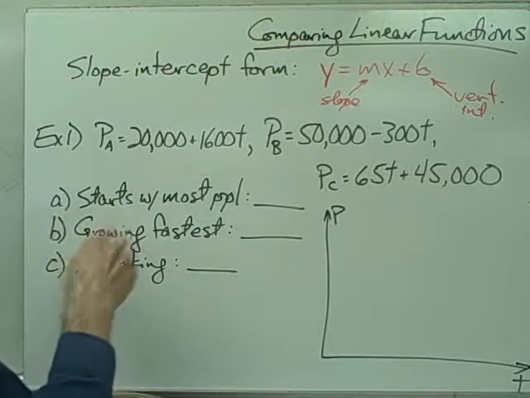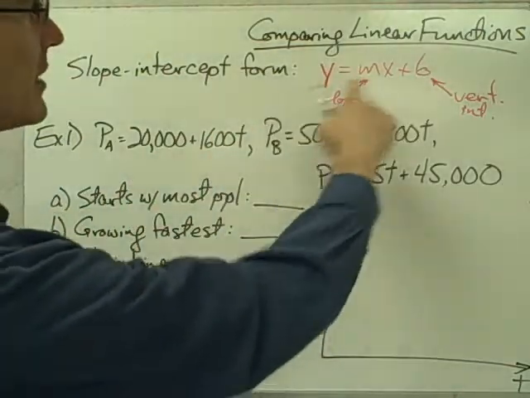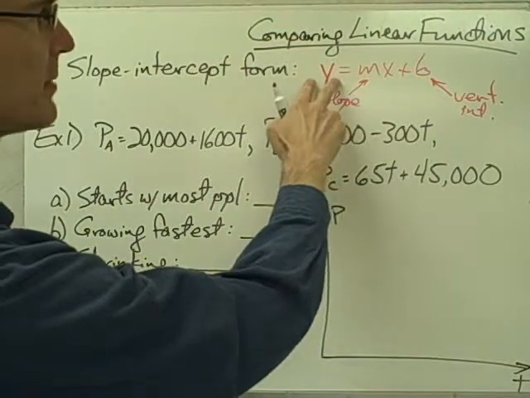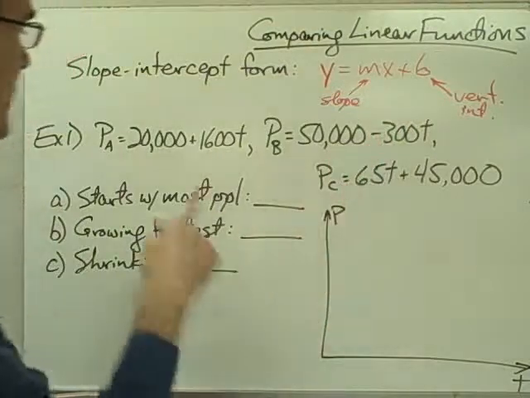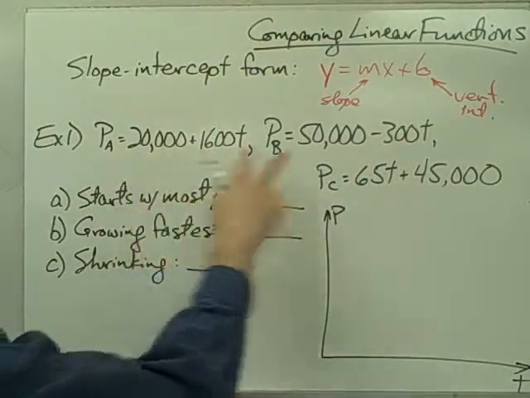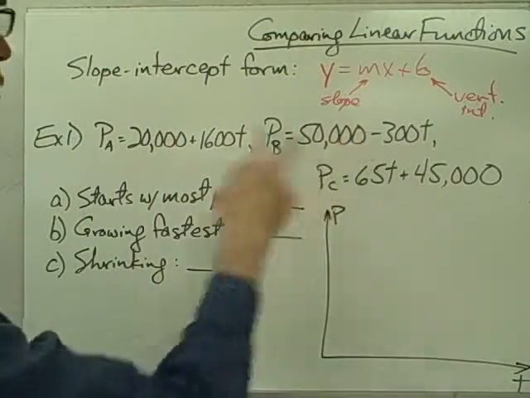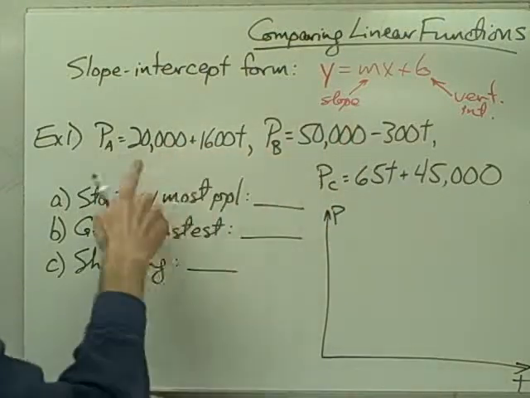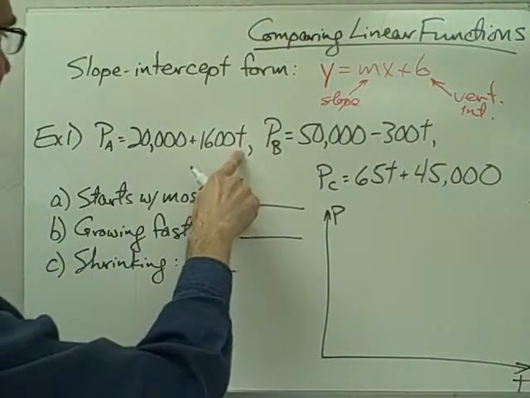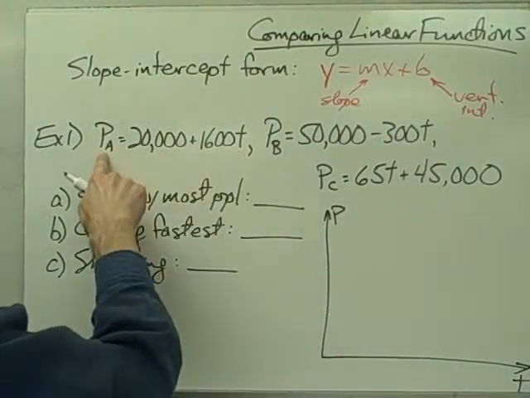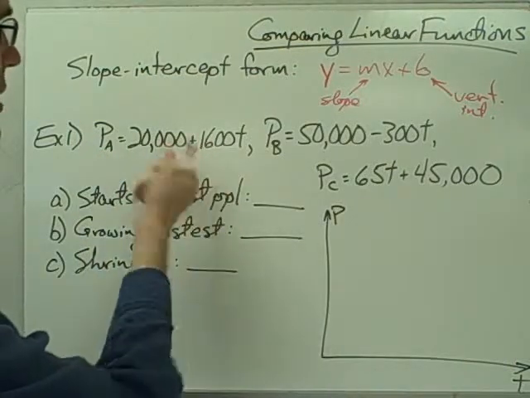Now, before I get to the questions here, I want to notice that typically we see the slope-intercept form written like this: the dependent variable equals slope times the independent variable plus the vertical intercept. Notice, however, that these first 2 equations are actually kind of swapped around. Not only do I have t and p as my variables instead of x and y, where t is my independent variable and p is my dependent variable, but my terms are swapped around.